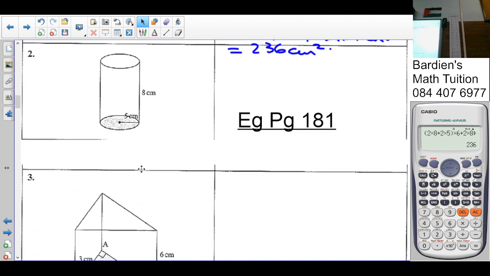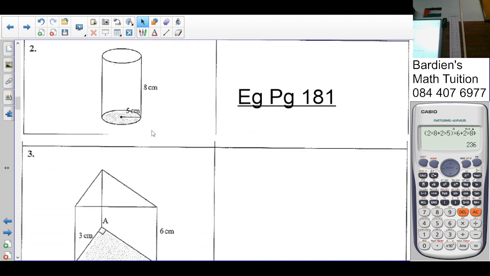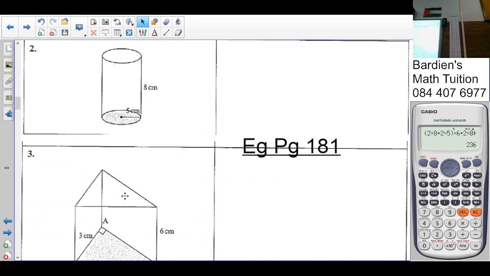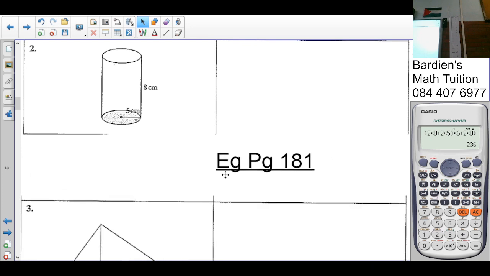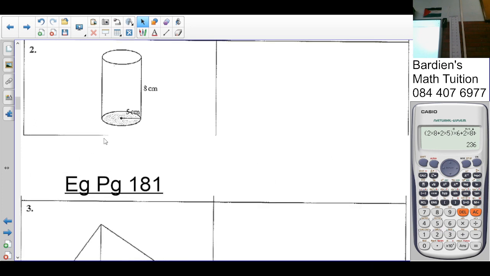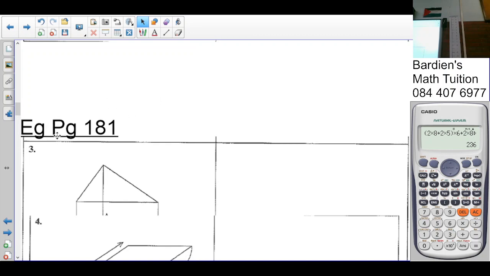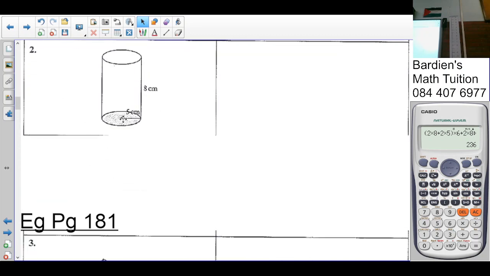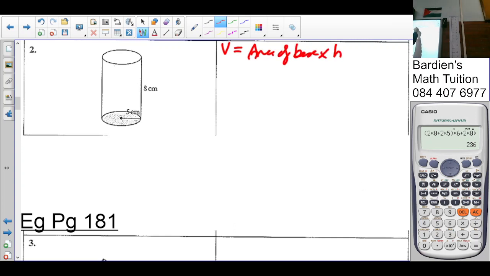Let's look at the second shape. What type of shape is this? A cylinder. Again, to work out the volume, area of base times height.